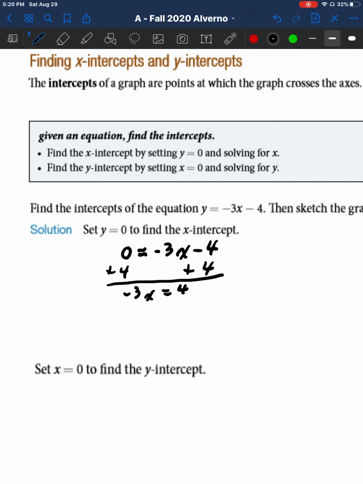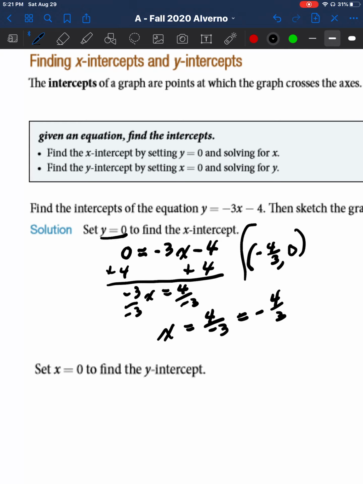Since we're multiplying here, we divide both sides by minus 3, and we have that x is equal to 4 divided by minus 3, or you can just write this as negative 4/3. So that's the value for x. At the point negative 4/3, 0, that is where the line crosses the x-axis.